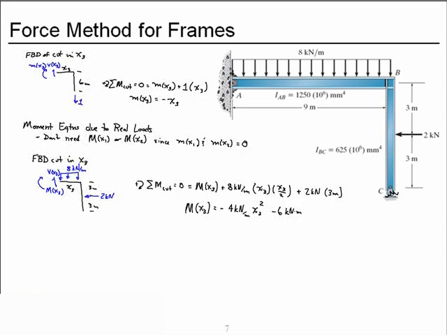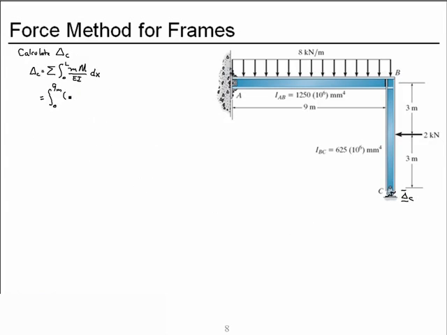Little m, which we found was minus x3, and big M, which we see here, minus x3 times minus 4 kilonewton per meter x3 squared minus 6 kilonewton meter, dx3, all divided by EI, and this is the moment of inertia specifically for member AB.